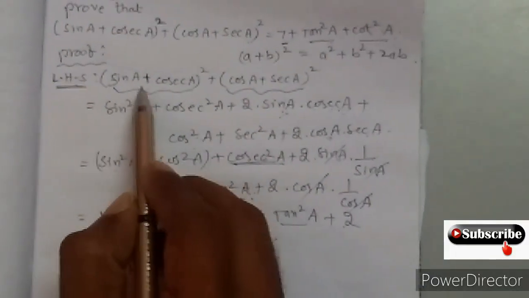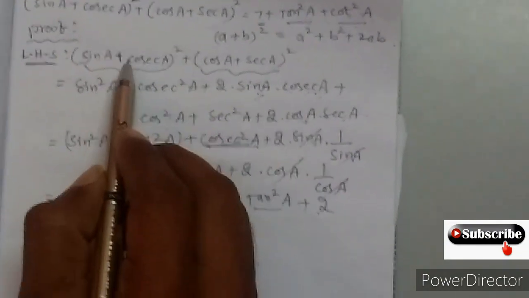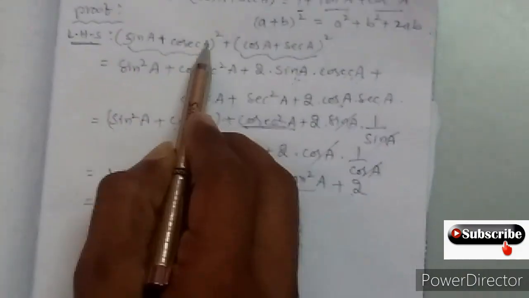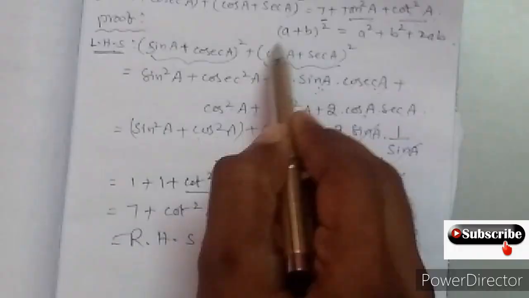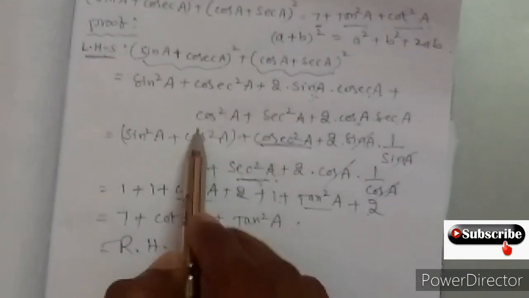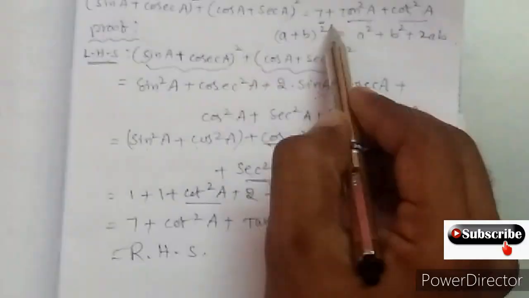So let us solve. If you observe these two values, you can easily get that we have to apply a plus b whole square, because this value is in the form of a plus b whole square, and this value also is in the form of a plus b whole square. Apply the formula here. Next you group the terms according to the required value.